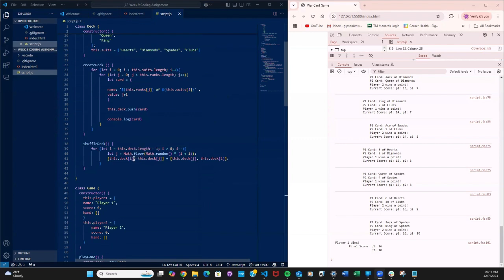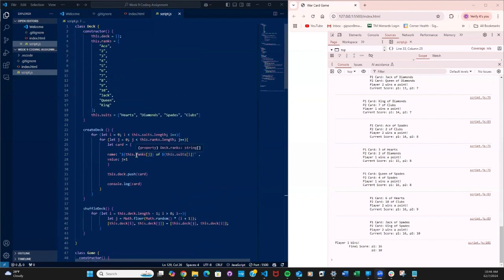And so I made this.deck[i], which is the suits length, and this.deck[j], which is the ranks length, equal to the same thing over here, just this.deck[j], this.deck[i].